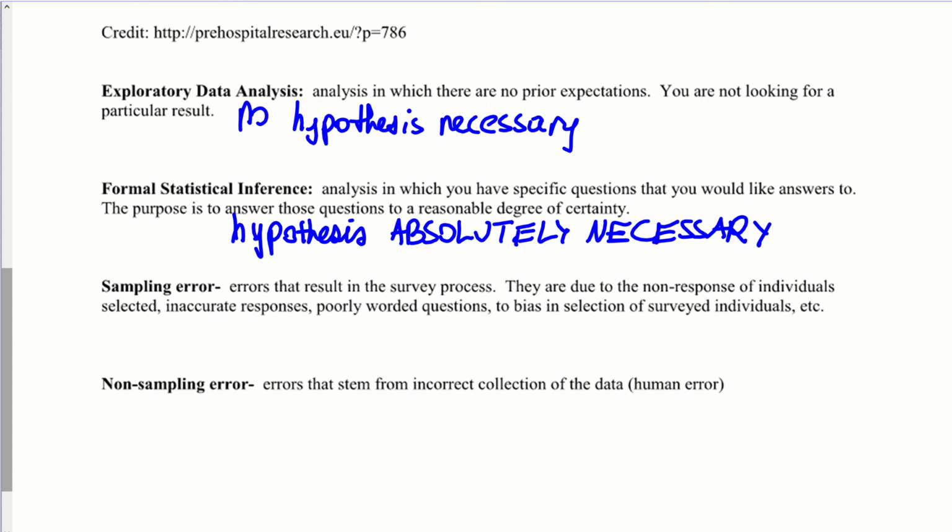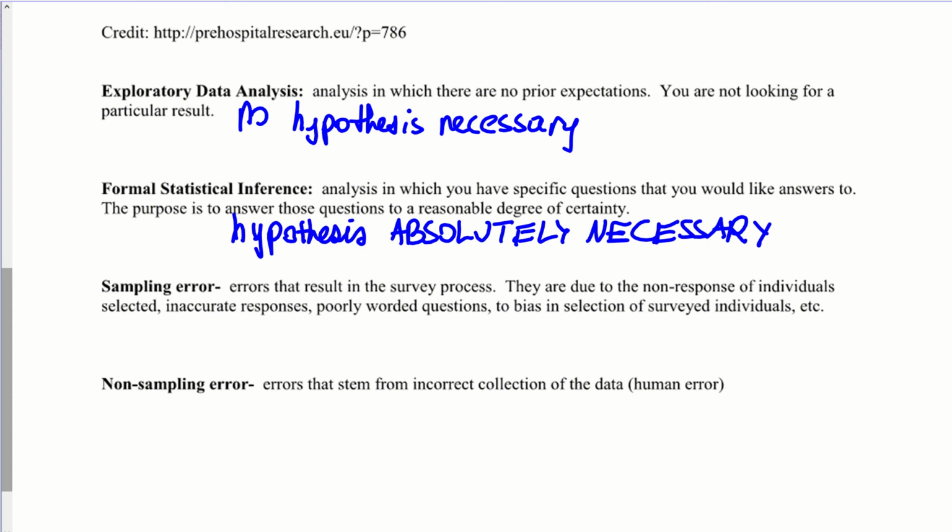I won't describe the other one, but yeah. The forehead too. Yeah, we'll go with that. That's exactly what I meant, the forehead. Yes, precisely. You're going to get variation in the readings. So these are things that come from the survey process, not always due to mistakes, but that's usually what happens most of the time.